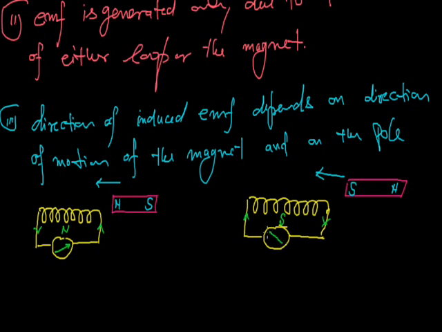Deflection in the galvanometer is opposite to this. So it depends on the motion of the pole. If the north pole comes nearer, the direction of current is anti-clockwise, and if the south pole comes nearer, the direction of current is clockwise.